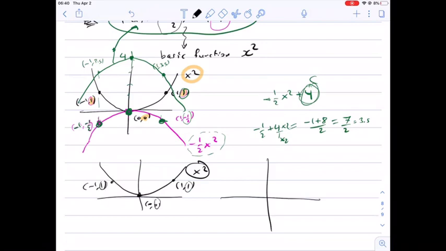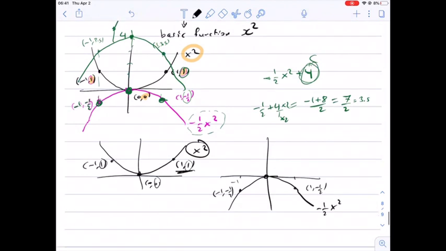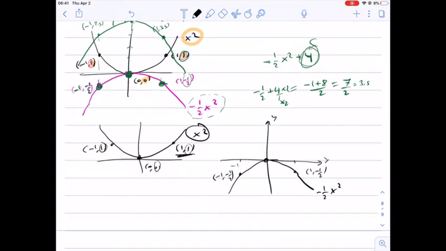So that means we multiply the y coordinate by negative 1/2. This point here becomes 1 and negative 1/2, and this point stays 0 0. This point negative 1 becomes negative 1 and negative 1/2. So this is the graph of negative 1/2 x squared. We have reflection about the x axis.